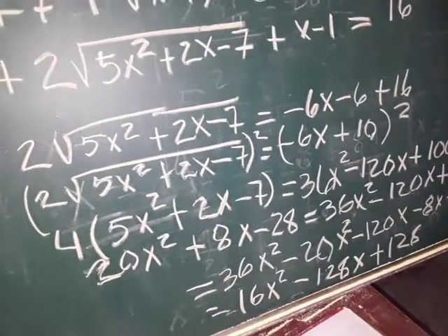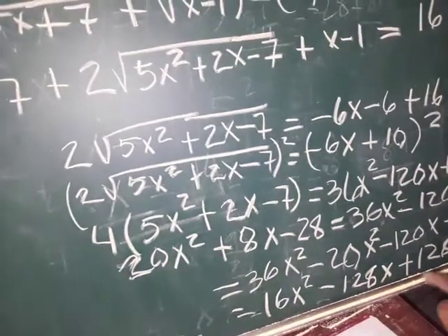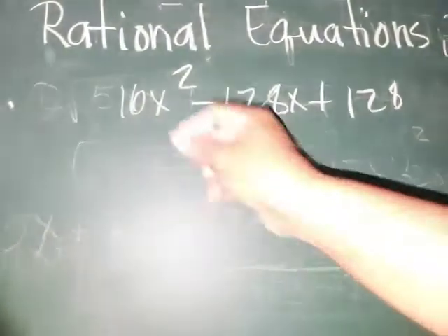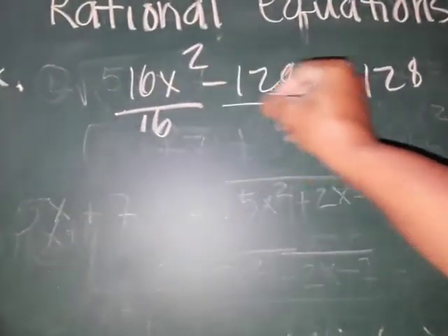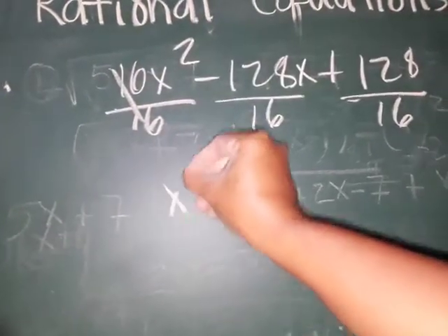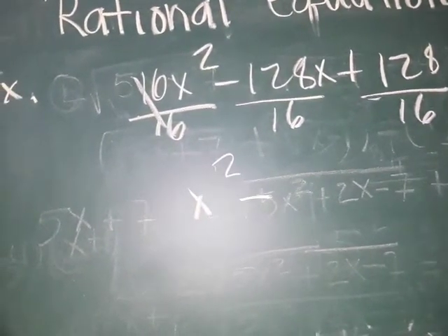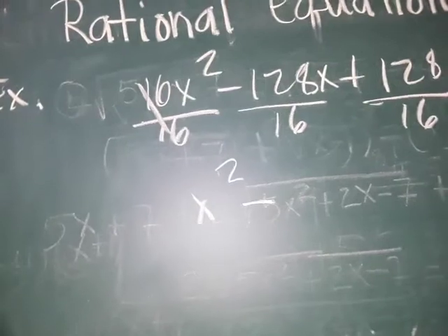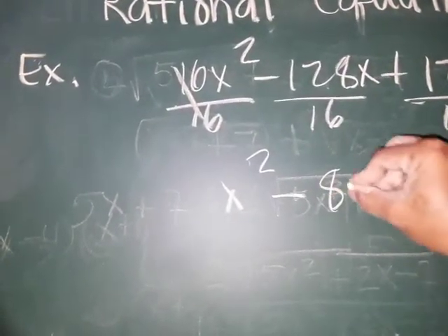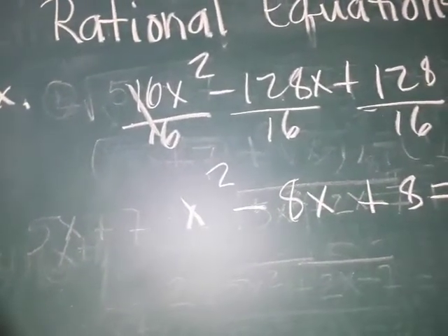Okay, next, if you notice, they are all divisible by 16. So let's divide by 16. 16 and 16 cancel. We have x squared minus 128 divided by 16 is equal to 8x plus 8 is equal to 0.